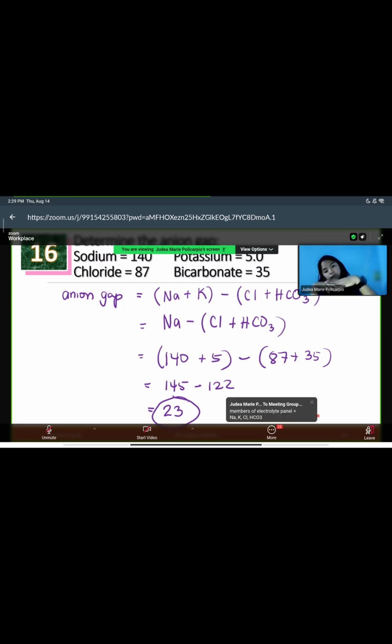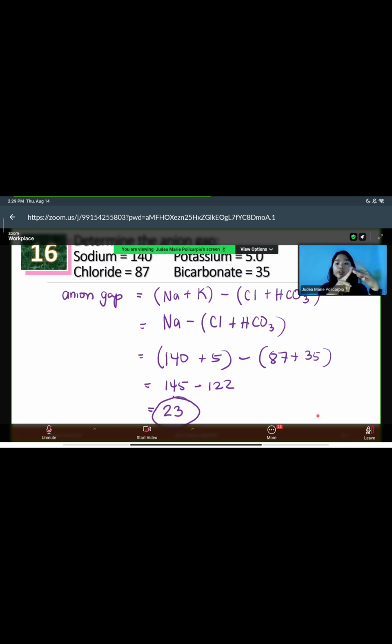They would give you choices, 4 na electrolytes kada choices, and they would ask you sino yung tamang combination ng mga members ng electrolyte panel. Ingat kayo ha, sodium, potassium at saka chloride. Yung pang-4 ay hindi calcium ha. Ingat kayo, taken from the book of Bishop, ang pang-4 na miyembro pala ng electrolyte panel ay si bicarbonate.